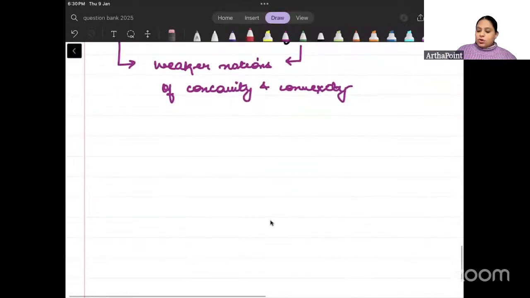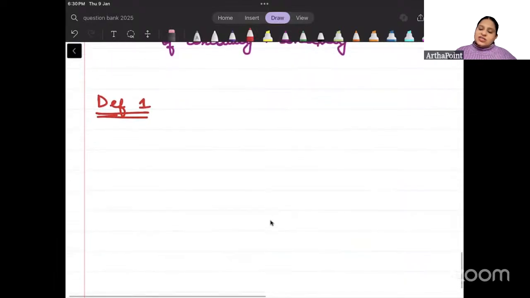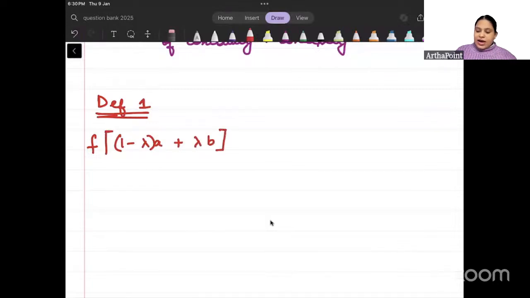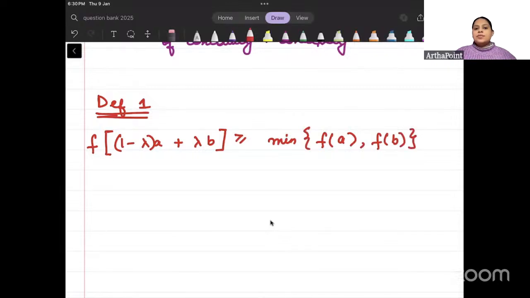But a definition number 1. The first definition for quasi-concavity says that if f of (1 minus lambda) times a plus lambda times b, I will explain it in detail, don't worry, is greater than or equal to, just write it down with me, min of f of a, f of b, right?